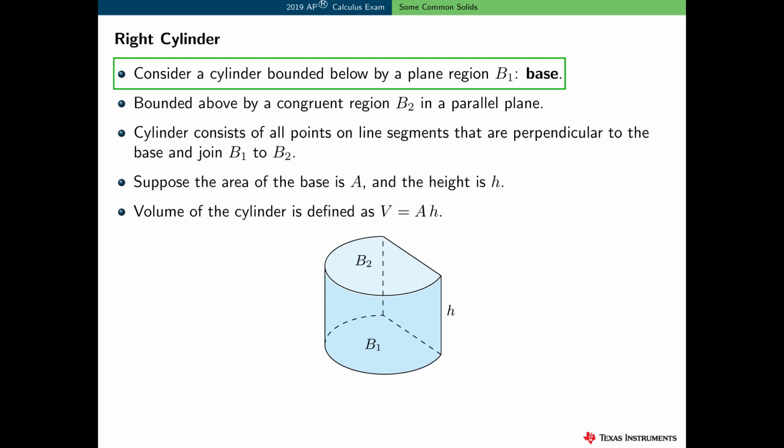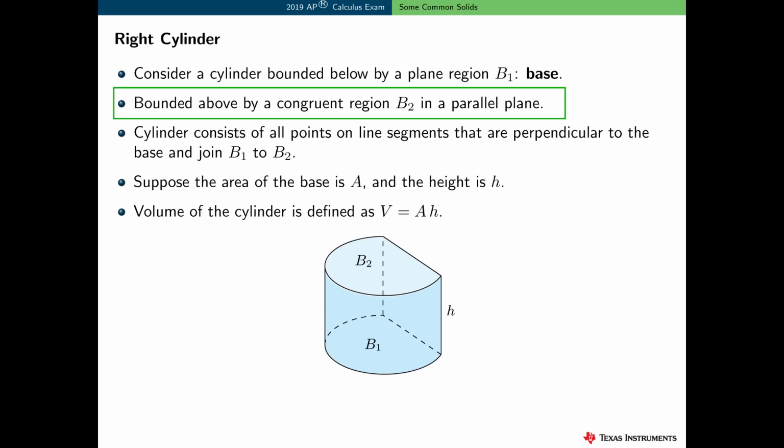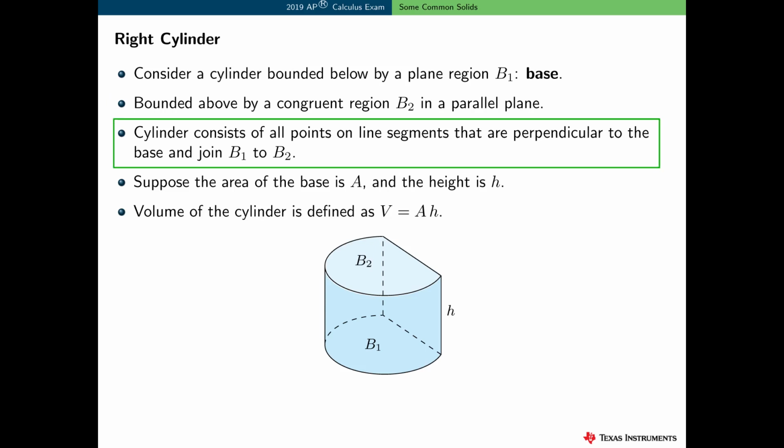This cylinder is bounded below by a plane region B sub 1, called the base. It's bounded above by a congruent region B sub 2 in a parallel plane. And the cylinder consists of all points on line segments that are perpendicular to the base and join B1 to B2. So this is the shaded solid region in the figure.